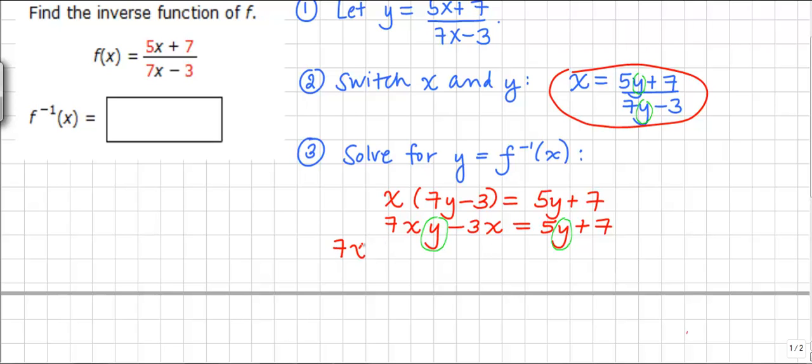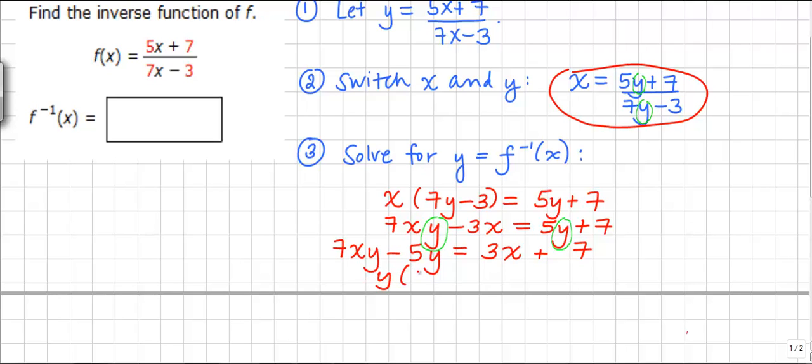So then my best course of action would be to isolate on one side of the equation all of the terms that contain y and move any terms that do not to the other side. So we would have 7xy minus 3x equals 5y plus 7, which, rearranging, would lead us to 7xy minus 5y equals 3x plus 7.